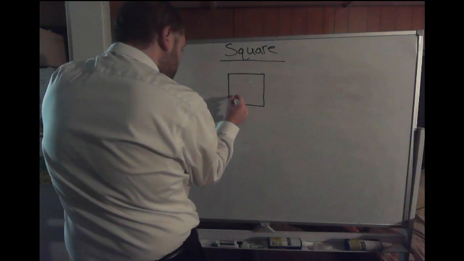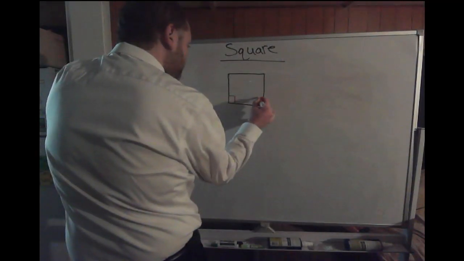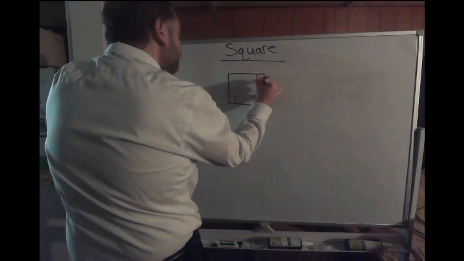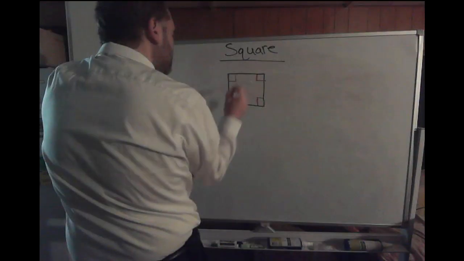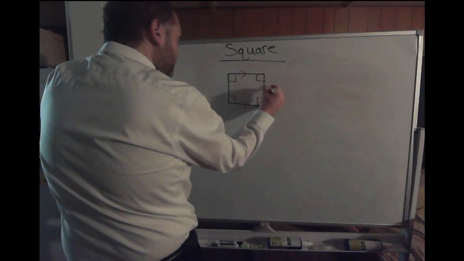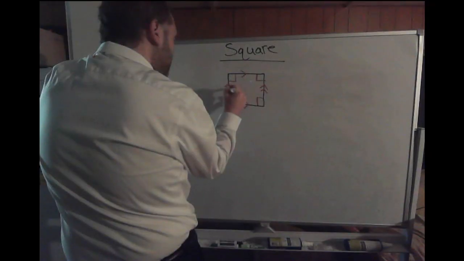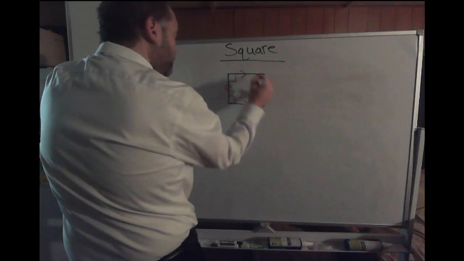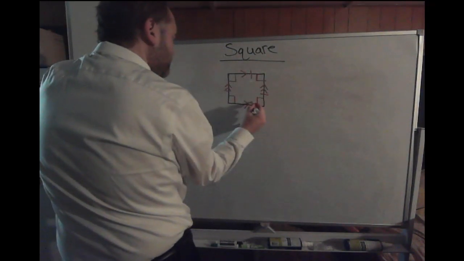Well, a square, much like a rectangle, has 4 right angles. Both pairs of opposite sides are parallel to each other, but all 4 sides are congruent to each other.